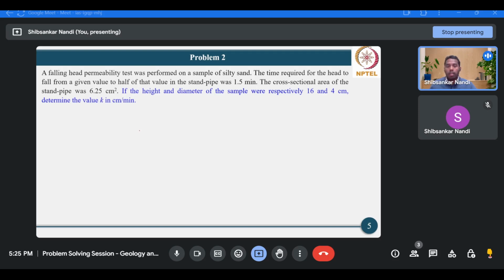However, when this condition is not fulfilled, like very fine grained soil, in that case we have to take the help of falling head. So we only observe the fall in the head.